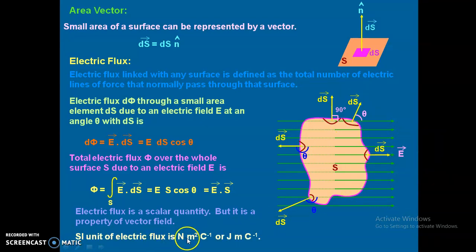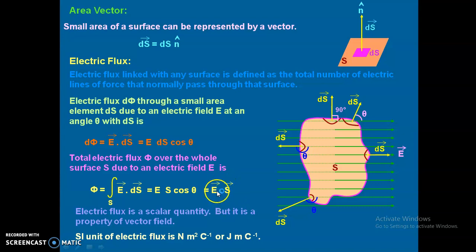SI unit of electric flux is Newton meter square per coulomb. How Newton meter square per coulomb? By putting the value of the units of electric field intensity and the surface area.